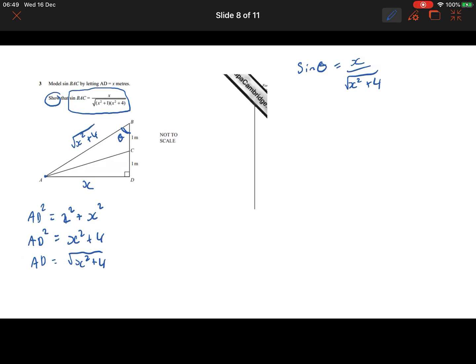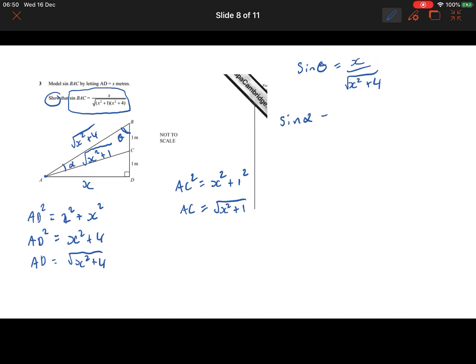All we've got is just x's instead of numbers, okay? Then we needed to find AC, so we're going through exactly the same process. AC squared is equal to x squared plus 1 squared. So AC equals the square root of x squared plus 1. Okay, now you should really see how this is all coming together.